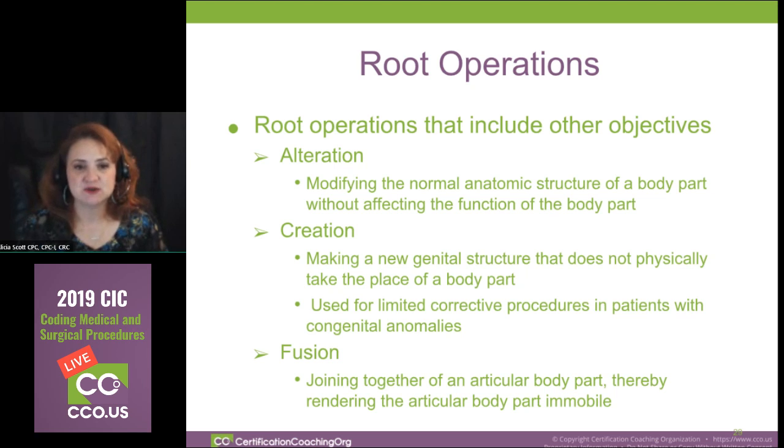Other objectives, we can do an alteration, we can create, and we can do a fusion. If we do an alteration, the key point is that we're modifying something. What are we modifying? The normal anatomical structure of a body part. So we're going to change that anatomical structure of that body part, but we're not going to affect the function of the body part.